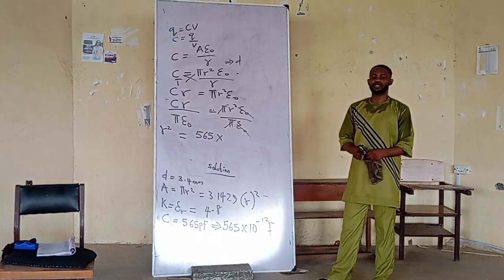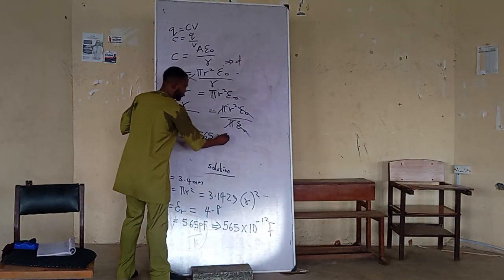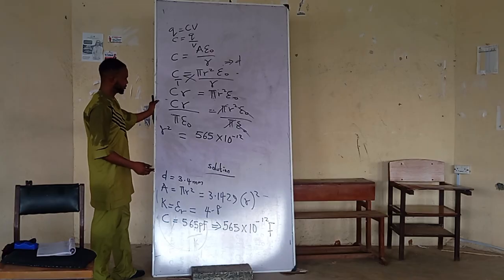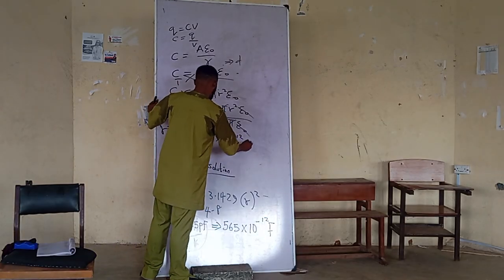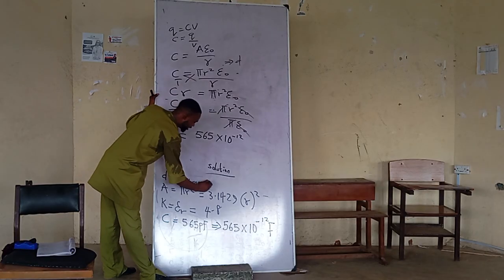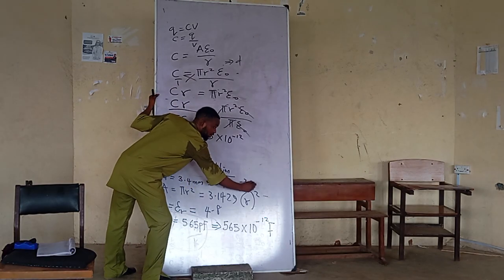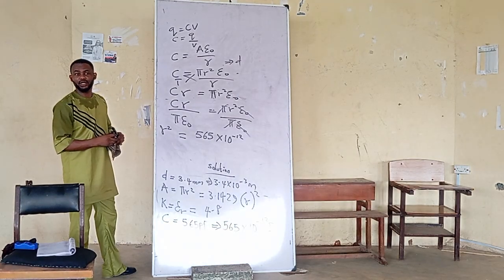Okay, let's do it. So this is now 565 times 10 to the power minus 12. Then d, what did I tell you is d? 3.4 mm, which is the same as saying 3.4 times 10 raised to power minus 3 meters. Millimeter to meter is divided by 1,000.